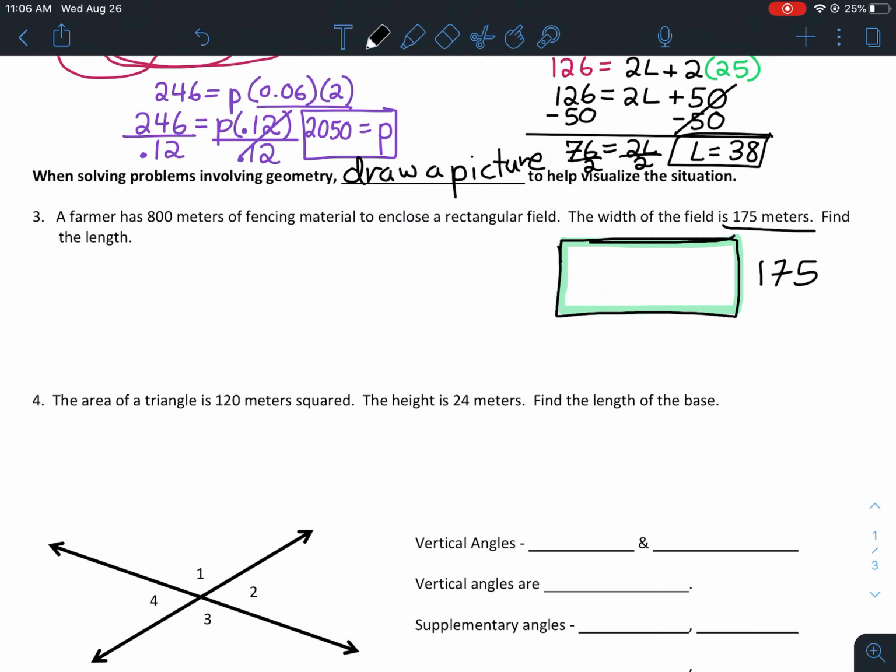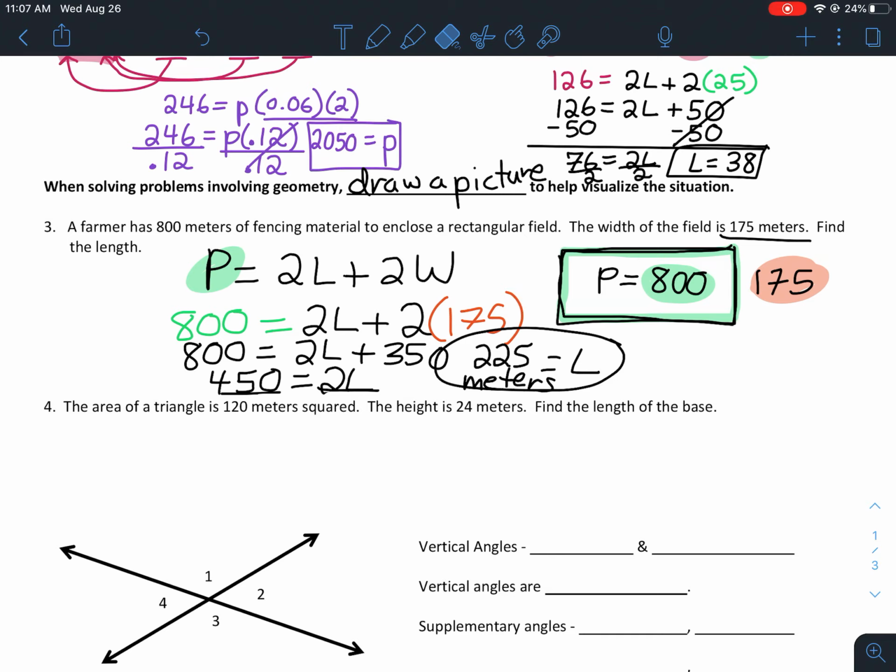When I divide by 2, I end up getting L equals 225, and we know they are meters this time because that's given in the problem. So my length is 225 meters, and that's what I was looking for.